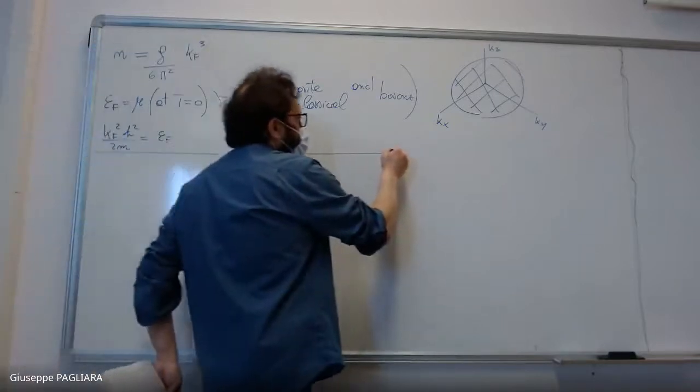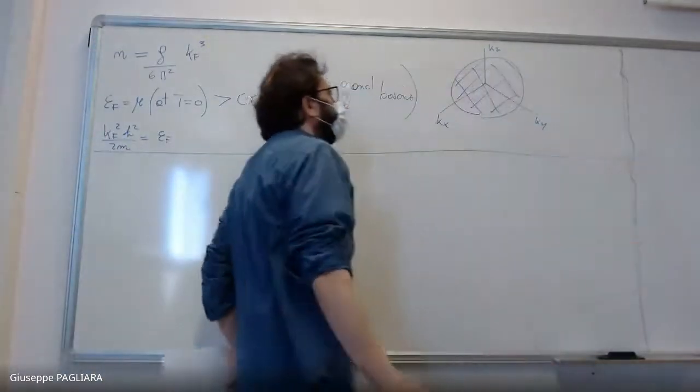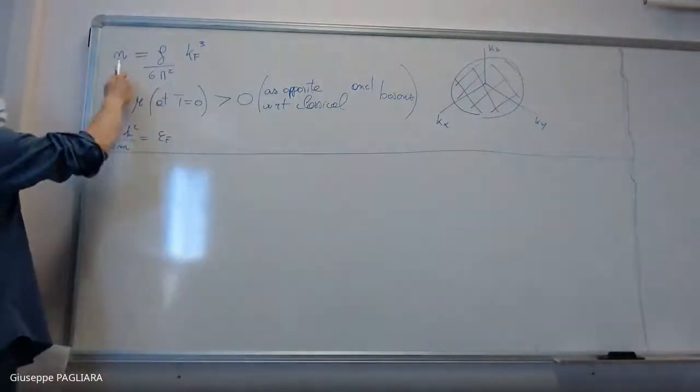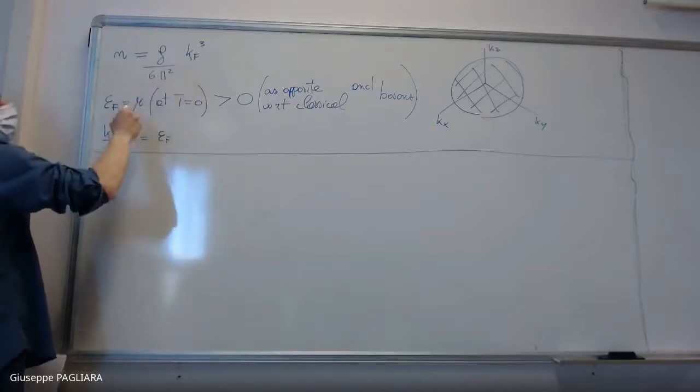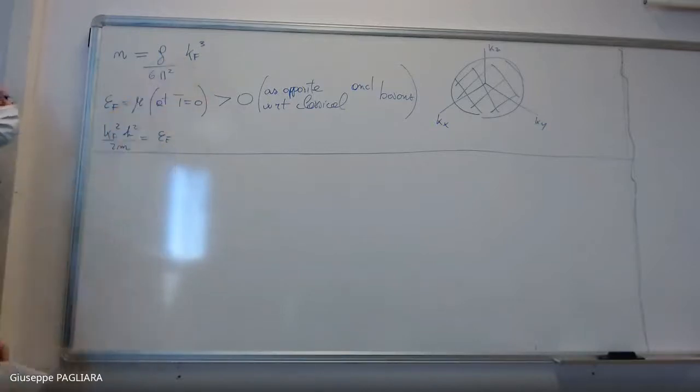Now, this is the relation between, if you want, density and chemical potential, because the chemical potential is in here, basically Kf.